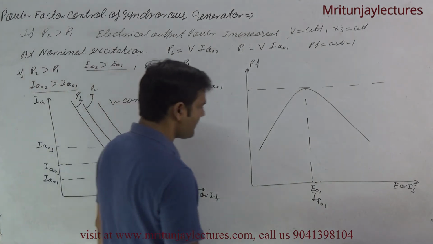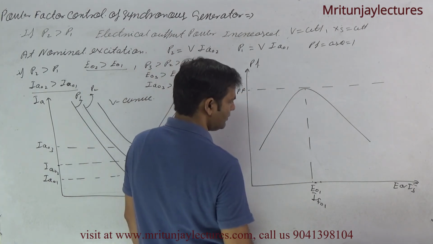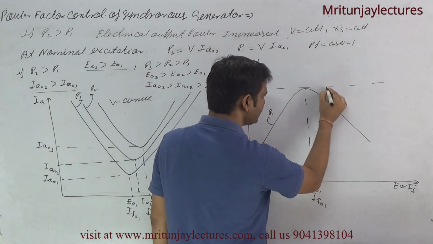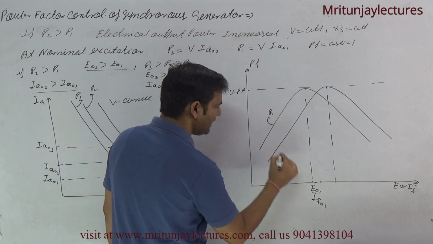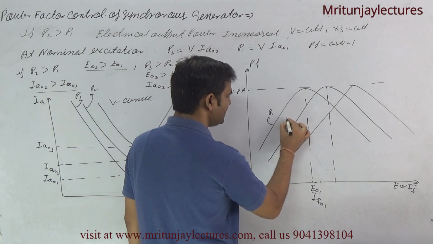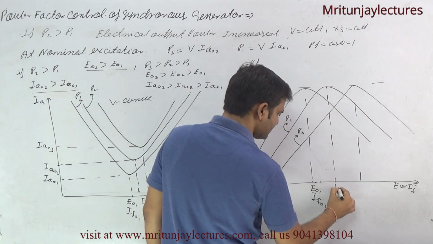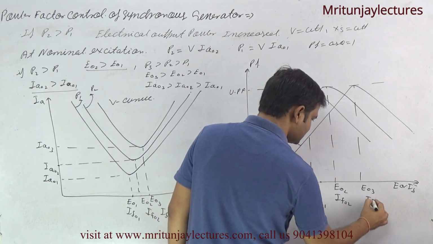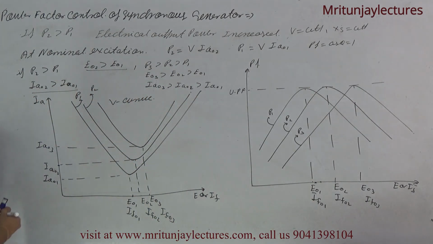Now here that is UPF, corresponding to P1. If power increases, then this graph shifts corresponding to this one, and again if it increases, then this graph shifts corresponding to this one. This one is P2 and this one is corresponding to P3. That is E02 and E03, that is IF02, that is IF03. Okay, make it.